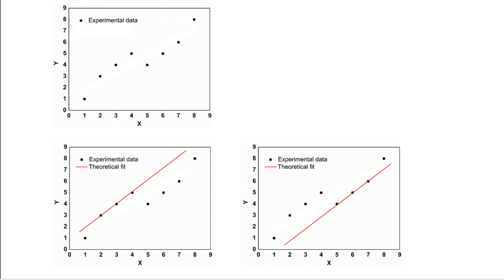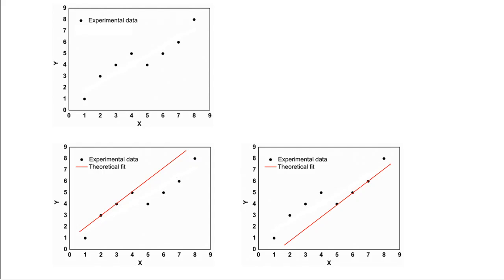But remember, we are following the principle of least squares. So we are not looking at whether our theoretical curve is passing through the maximum number of data points. What we are doing is we find out the residual at each point, take the square of that, take the sum, and see whether that total error or total residual is minimum.